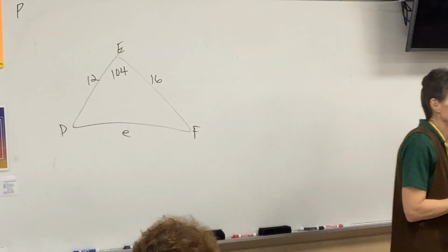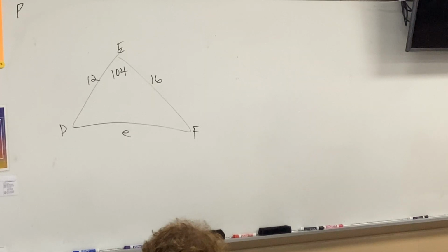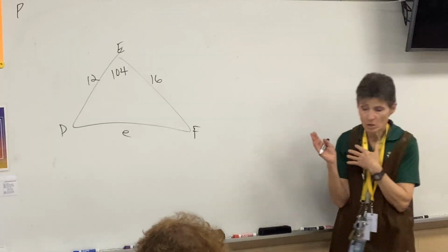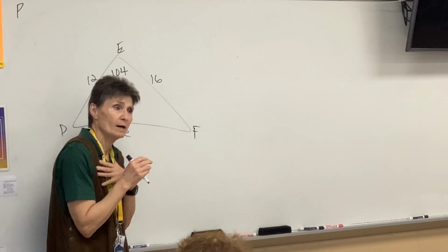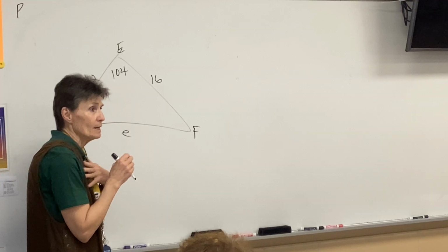Solve this triangle, and you'll have to figure out whether you're going to use the law of sines or cosines. How do you tell? Do we have a pair or not? Look at this. Do we have any pairs? Nope. If you don't have any pairs, then you're going to use the law of cosines.